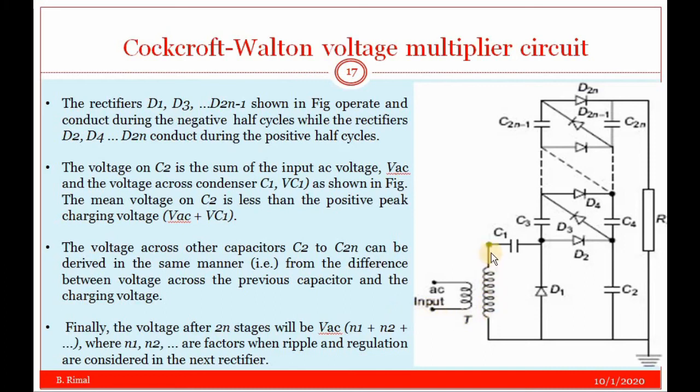During negative half cycle, this D1 will conduct and charge the C1 up to V input voltage, and during positive half cycle, this C2 will be charged to 2 V input voltage through D2, and by this way, similar to voltage multiplier circuit, Cockcroft-Walton voltage multiplier circuit also works. At last, the high voltage DC is generated across the load in between this point and this point.